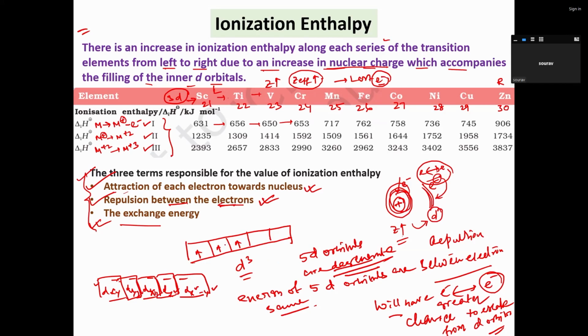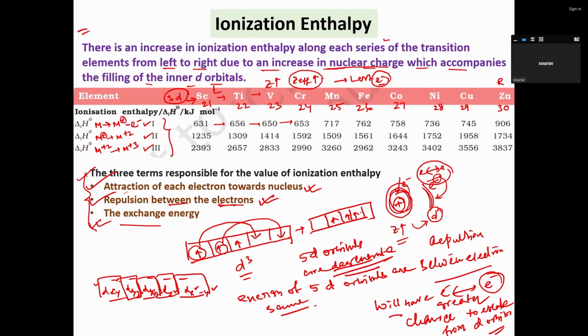When these 5d orbitals are degenerate, we can exchange the electrons from this orbital to that orbital. So here we can write another electronic arrangement like that, and these electrons can also move there.